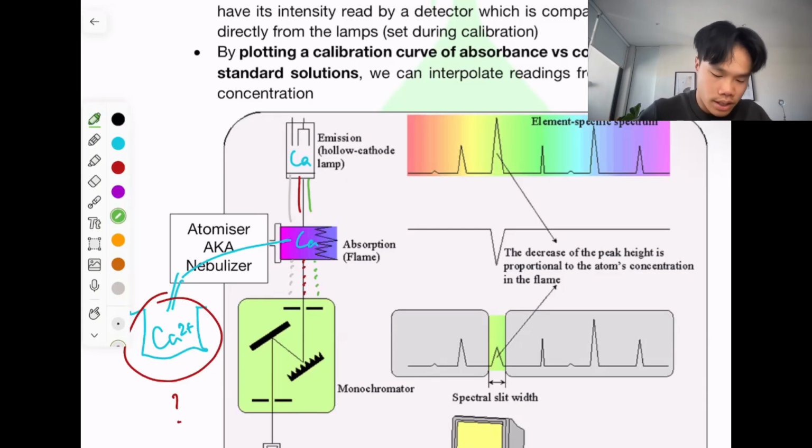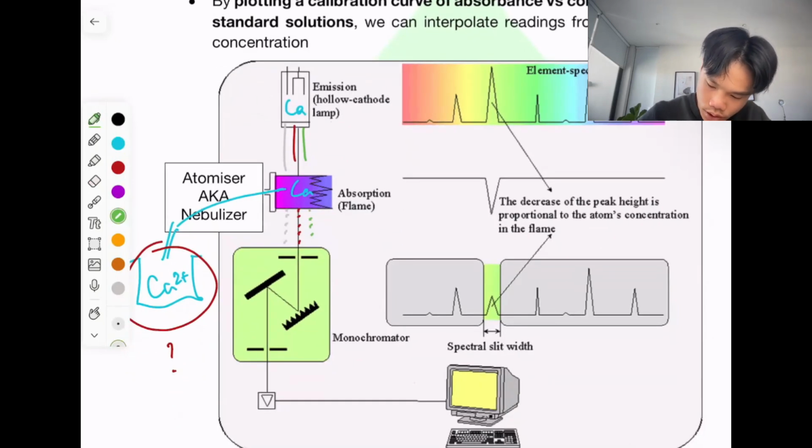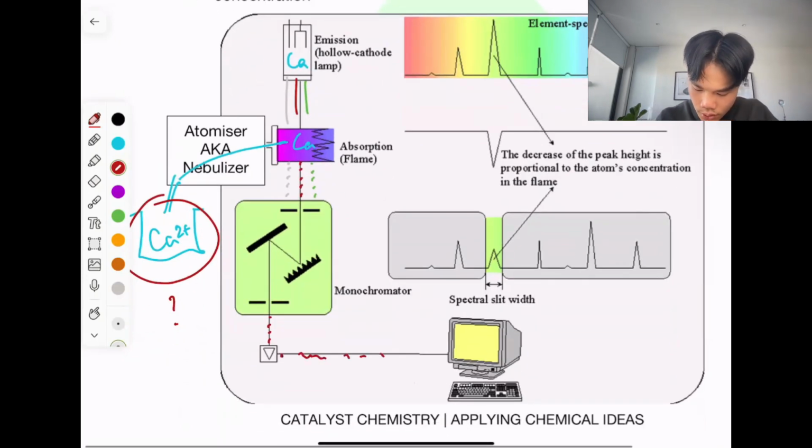But let's just say you selected the red one because we know calcium is a red light. The monochromator, let's say you selected only for the red light, and now you analyze only the absorbance of that red light after the monochromator.